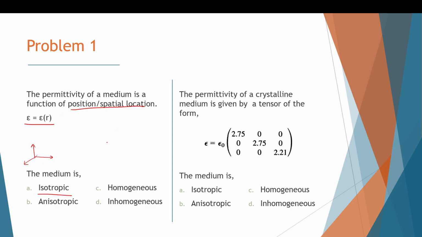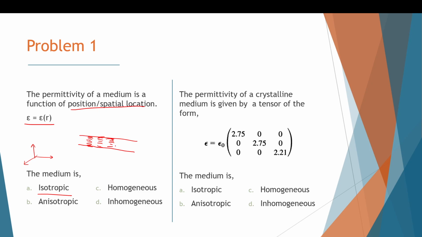It might happen that I have some material that is denser in certain regions and rarer in certain other regions. For another example, you can think of a grating-like structure.